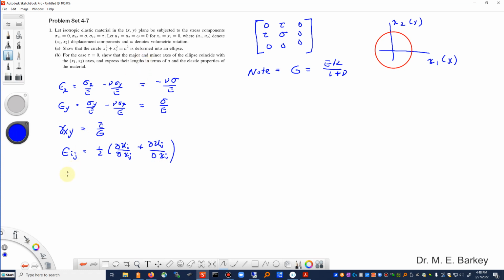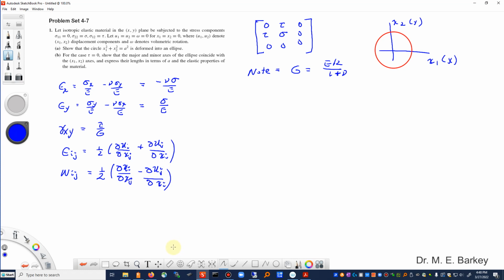This problem also mentions rotations, and rotation is the anti-symmetric part of the gradient tensor. So that would be 1/2 partial of ui with respect to xj minus the partial of uj with respect to xi. So we'll have that handy as well.